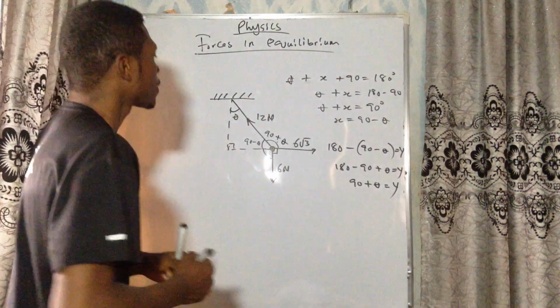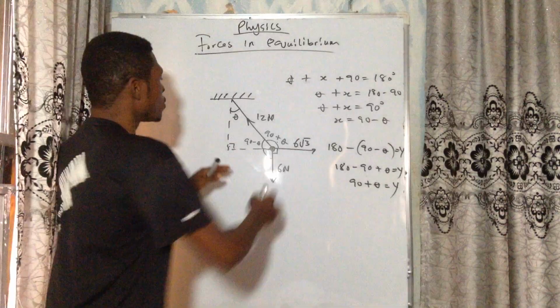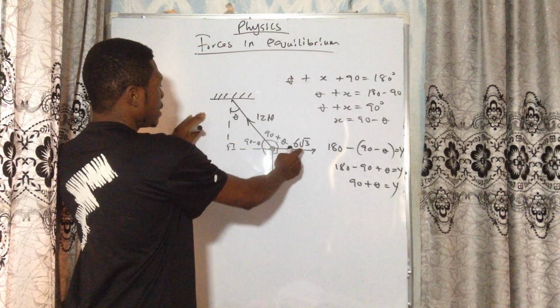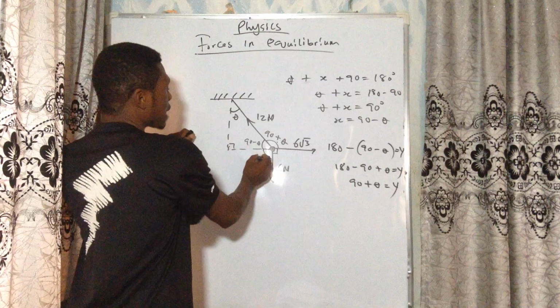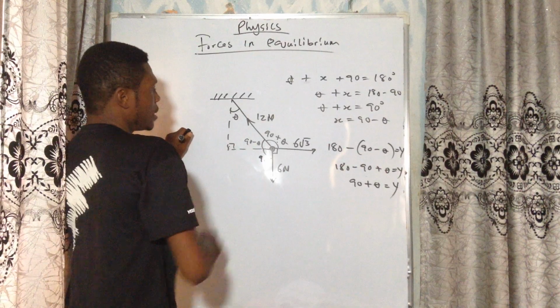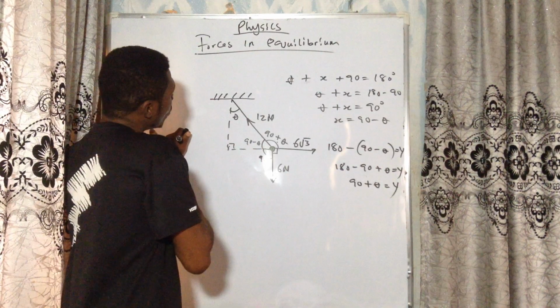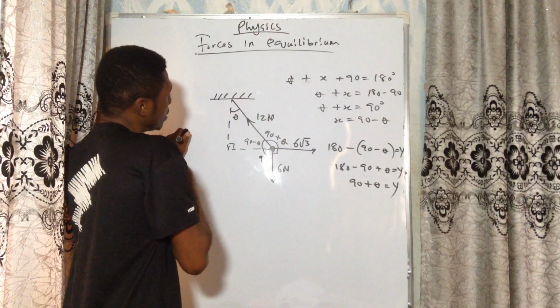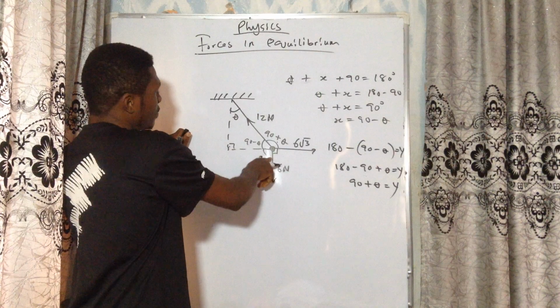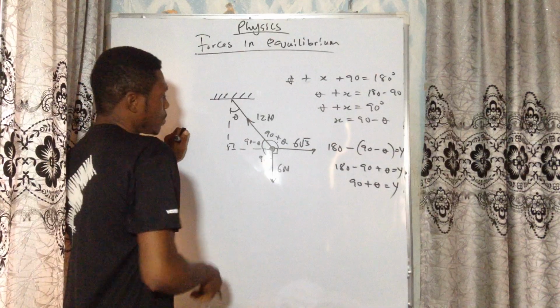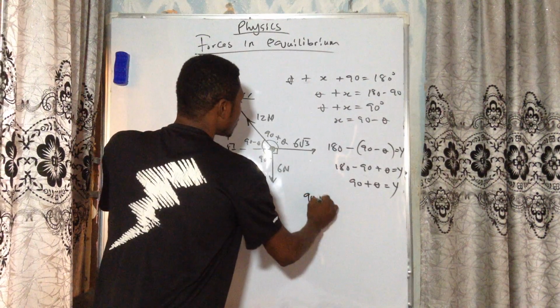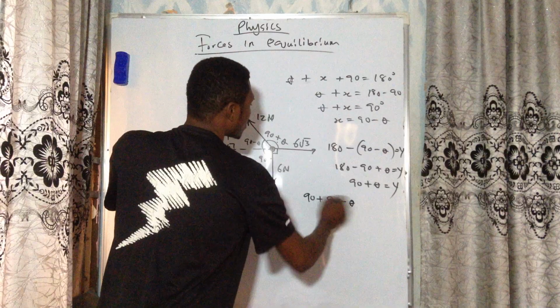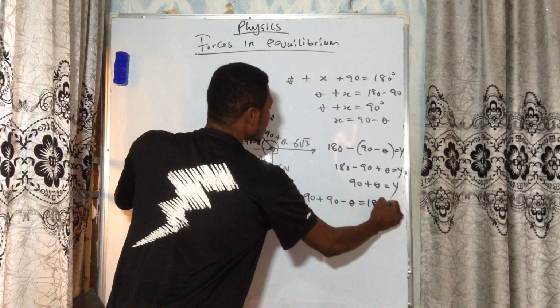You see now, correct? So we have gotten the angle here. Now let's find this angle. This space is 90. Okay? This space is 90. So when you add up everything here, 90 plus 90 minus theta, which is what? 180 minus theta.